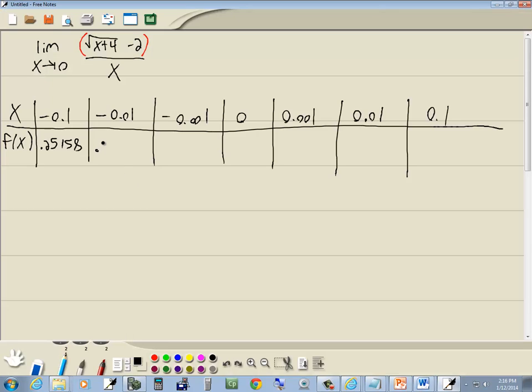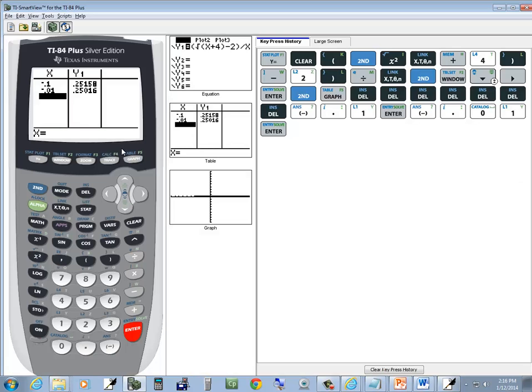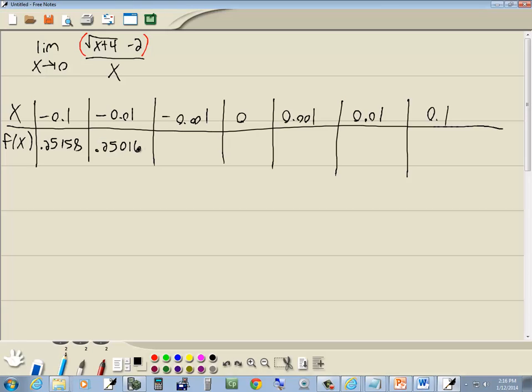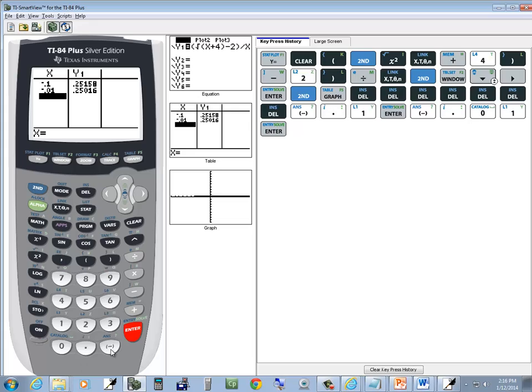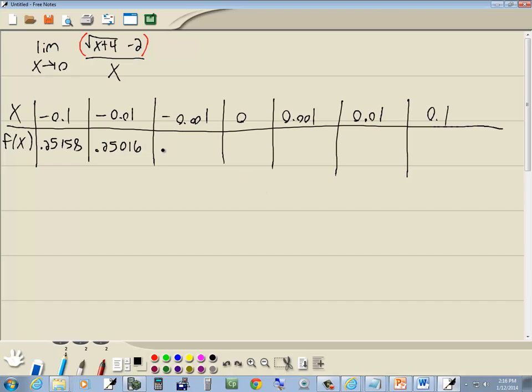And we get 0.25016. Now our next x value is negative 0.001, and that gives us 0.25002.